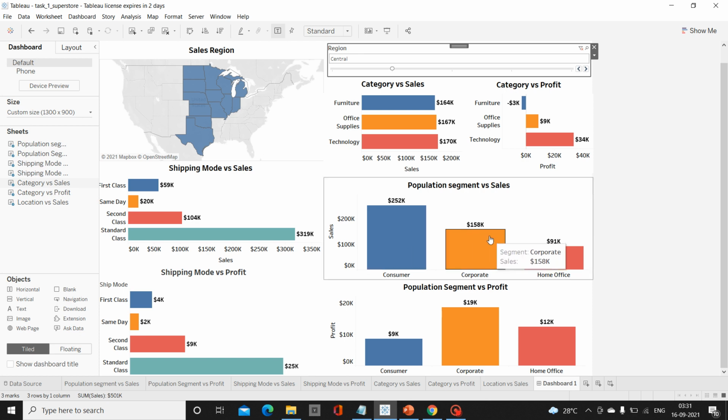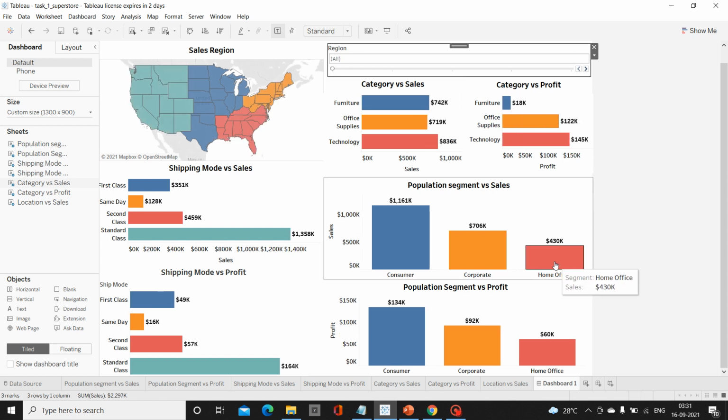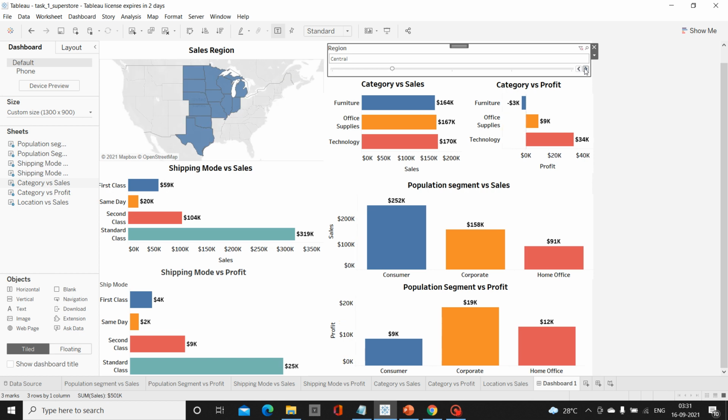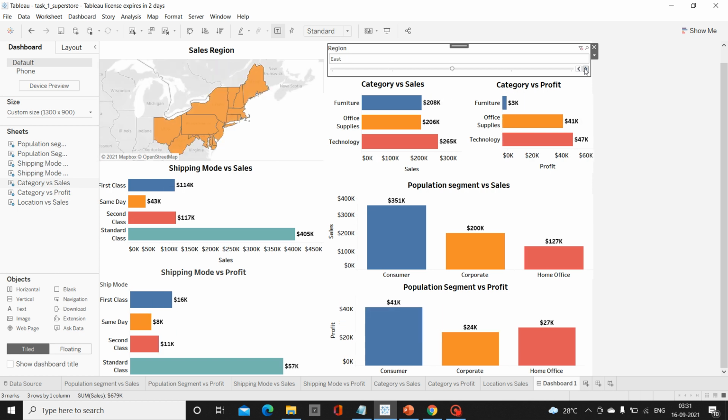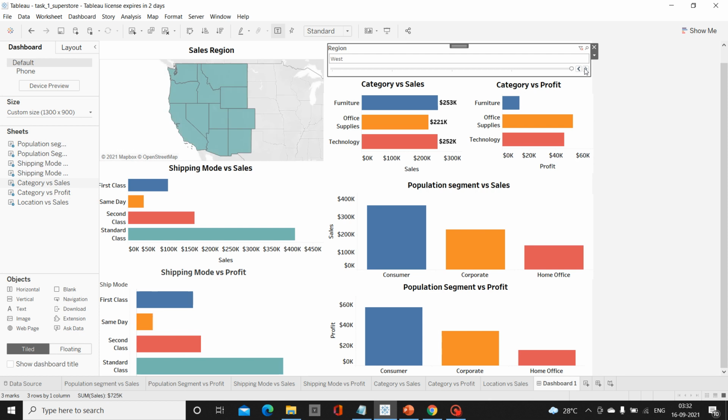In the same bar chart, we can see that for all the regions combined, the contribution by the home office segment is very low in both sales and profit. In different regions, its contribution has been the lowest among all 3 population segments.